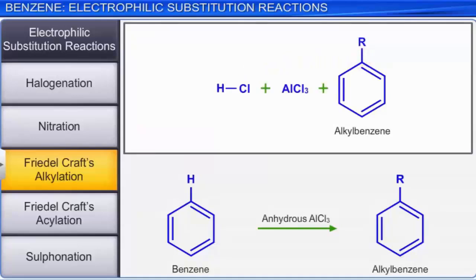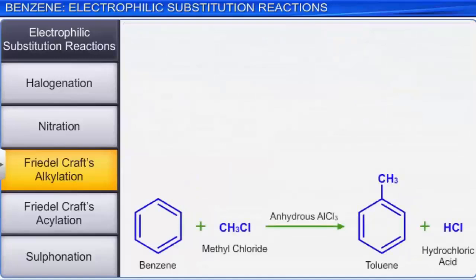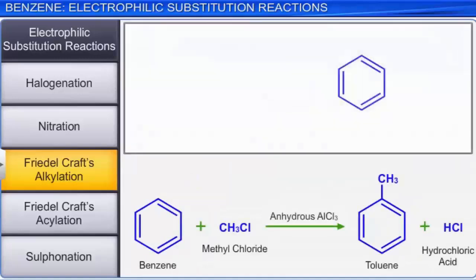This reaction is known as the Friedel-Crafts alkylation. For example, when benzene is treated with methyl chloride in the presence of anhydrous aluminium chloride, it results in the formation of methyl benzene or toluene.